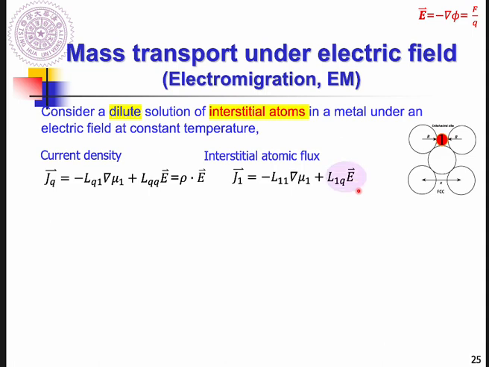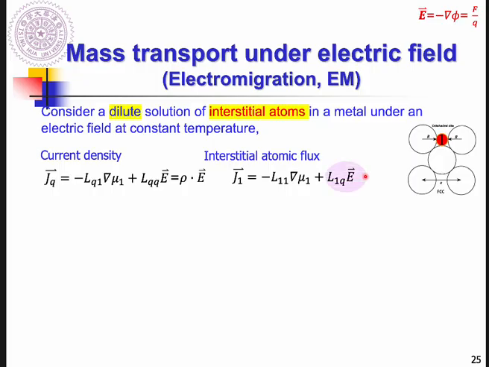Okay, if you look carefully at the interstitial atomic flux, one is this one. It's directly driven by the negative chemical potential gradient and indirectly driven by the electrical field I'm acting on these materials.